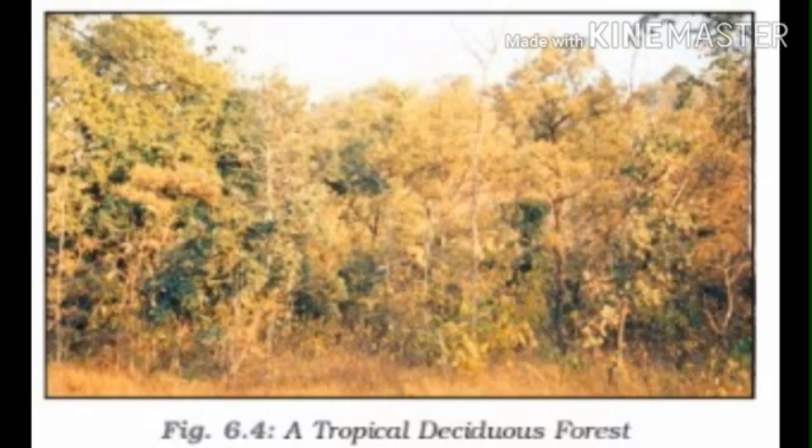Yes, hardwood trees like neem, teak, sal, sisam are found in this type of forest. Then what are the animals present in this type of forest, children? Yes, monkeys, then langurs, lions, tigers, elephants are the main animals of these forests.